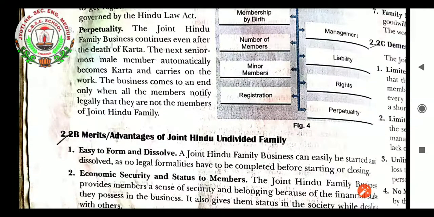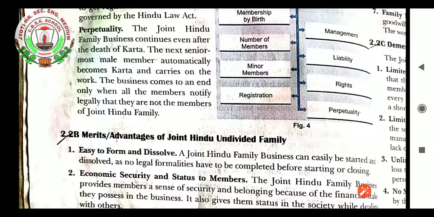Perpetuality. The joint Hindu family business continues even after the death of the Karta, as the next senior most male member of the family will be the Karta of the business. The meaning of perpetuality is that a person's death, insolvency, or incapacity will not affect the business.